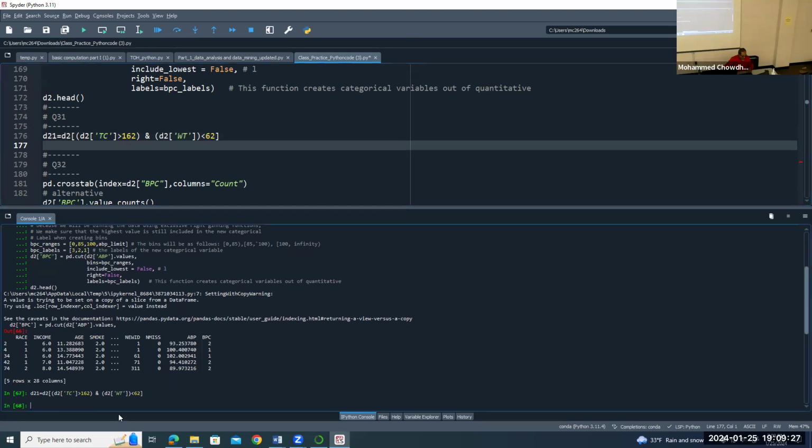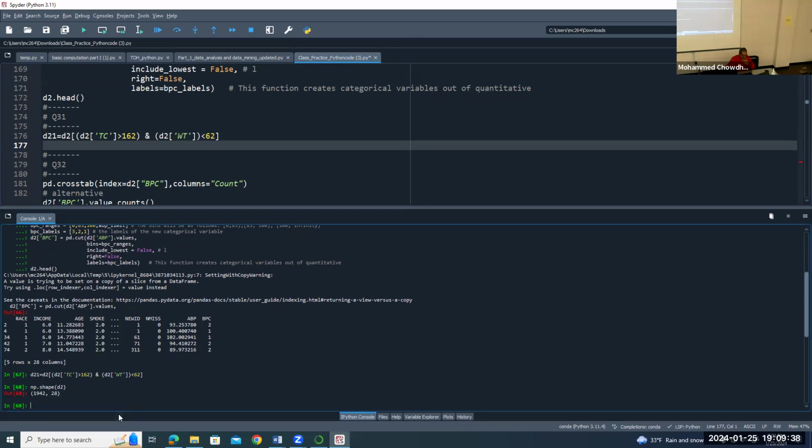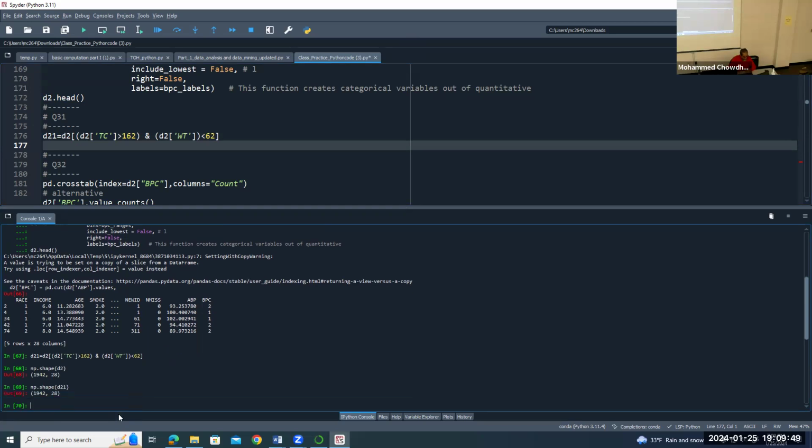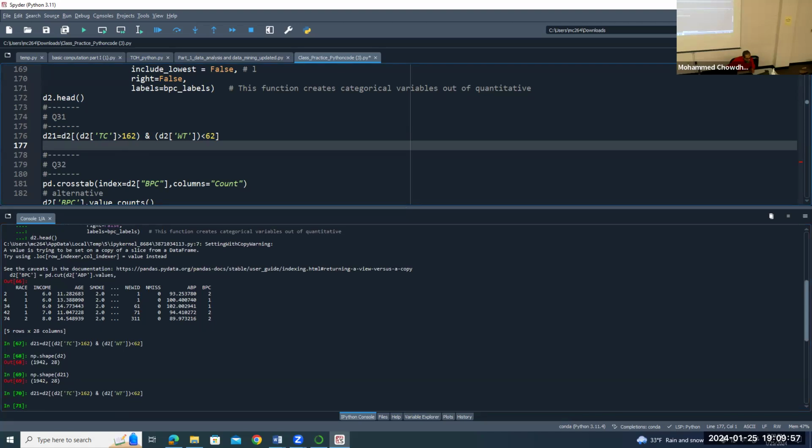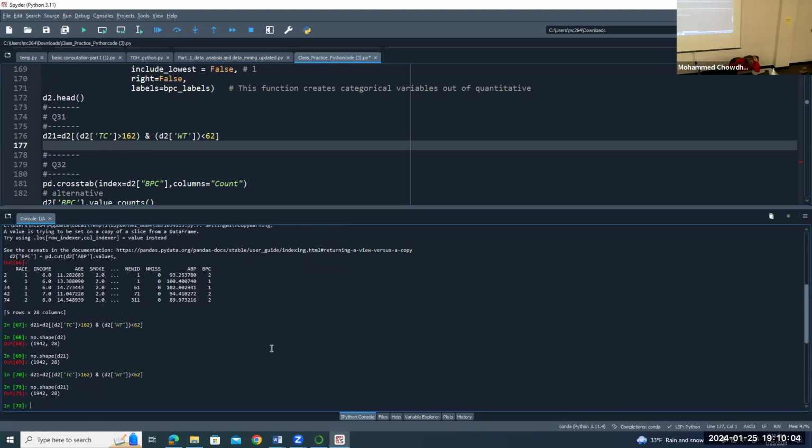Now take a look. D2 dot np dot shape. If it is written, now it has 1942. Now if you go there, np dot shape D21, it is still 1942. Let me run these things. np dot shape DDT1.